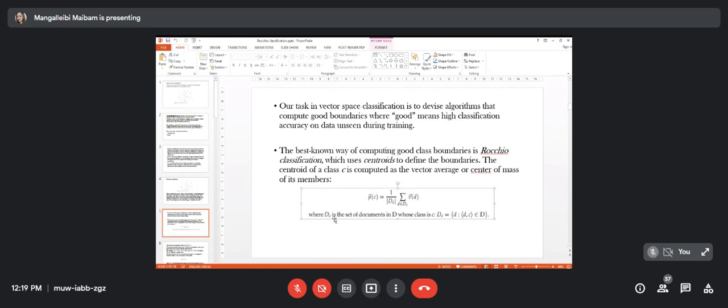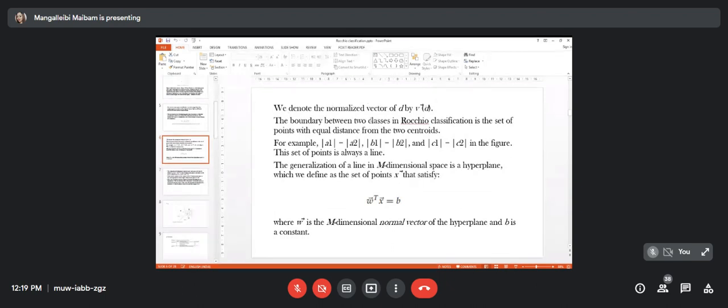D_c is the set of documents in D whose class is C, so D_c is equal to the documents d such that d belongs to class C. So this formula we will be using.